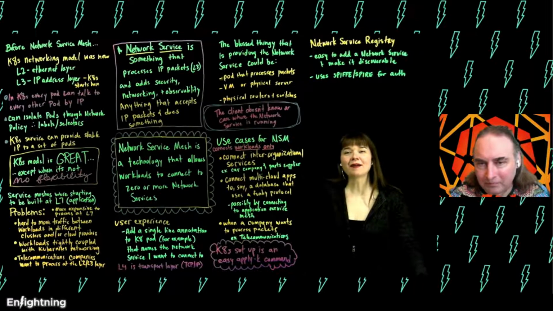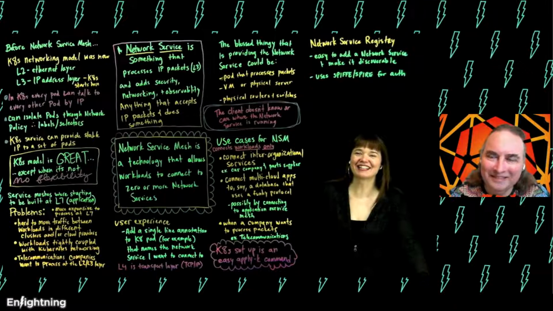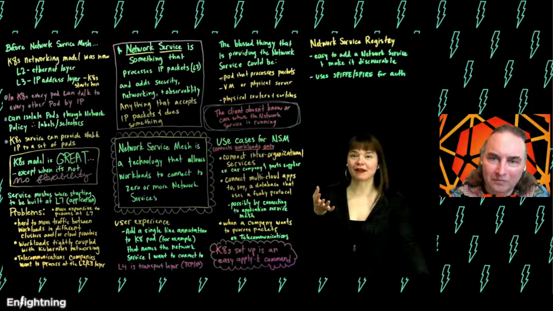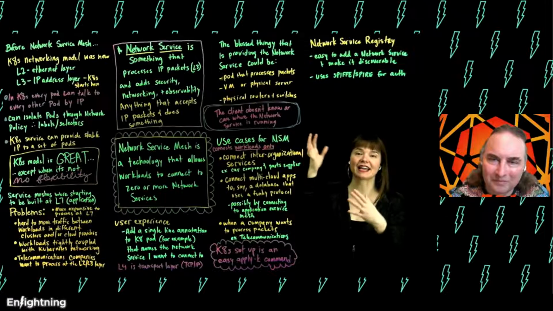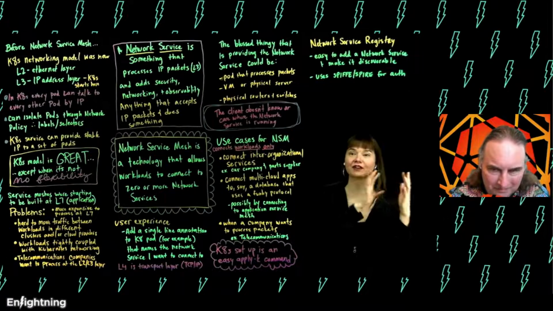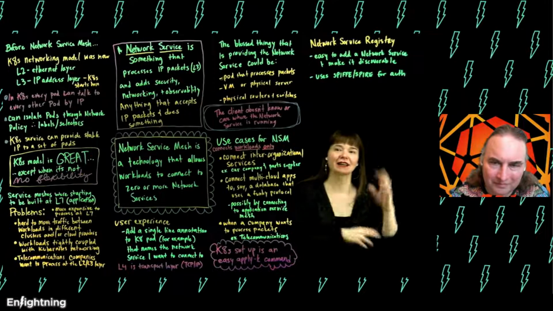I'm going to tell you the preconceptions I had before and how they've changed. I understood that network service mesh provided connectivity between your Kubernetes estate, your virtual machine estate, your bare metal estates.